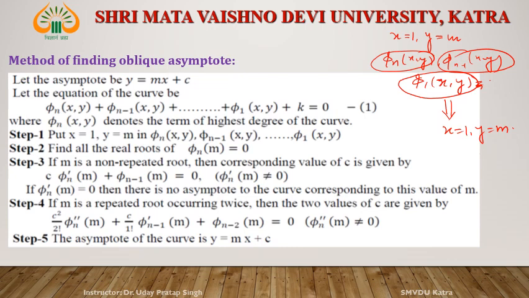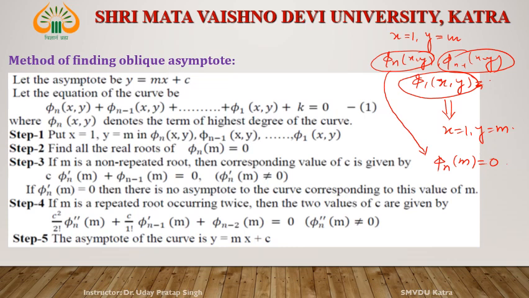What is step number 2? Equating phi n of m to 0, right? If we put x is equal to 1 and y equal to m, then phi n becomes phi n of m equal to 0, right?